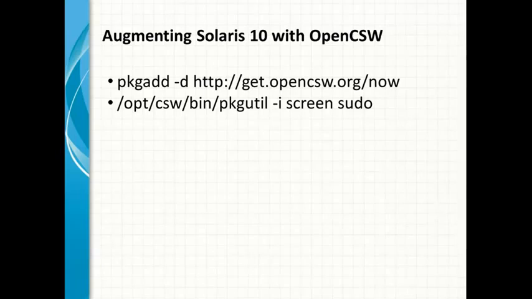You have quite a neat tool to keep your installation up to date, and you can easily install it by using the pkgadd command, which will fetch the package and install it. When it is done, you just run the pkgutil command and install tools like screen or sudo or anything else. The repository is quite big, there is plenty of interesting stuff, and you're very welcome to use it on your Solaris 10 systems. So let's see how we can do some basic auditing with Solaris.